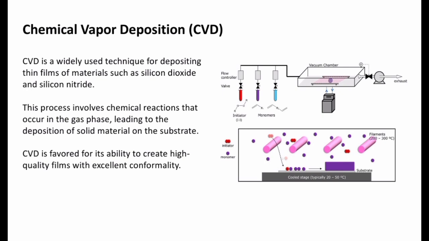CVD is favored for its ability to create high quality films with excellent conformality. The diagram and procedure of CVD is given here. Initially the initiator is given, then the flow controls control the deposition, then it goes to a vacuum chamber. From the vacuum chamber the exhaust gases come out.